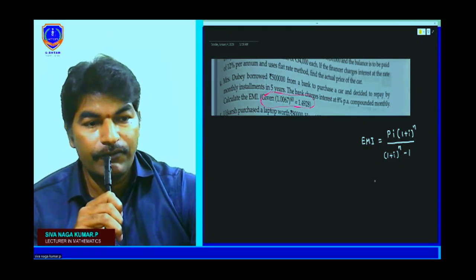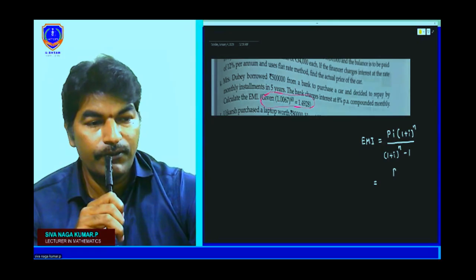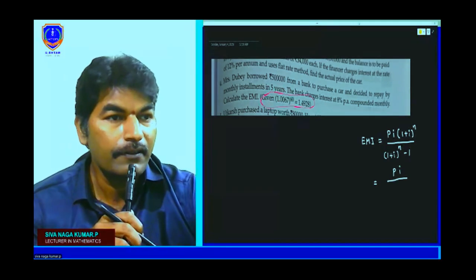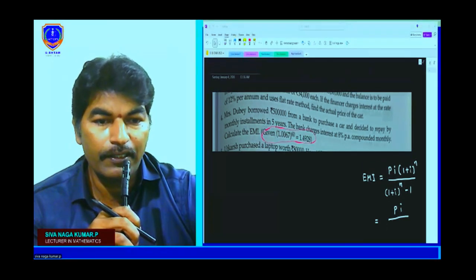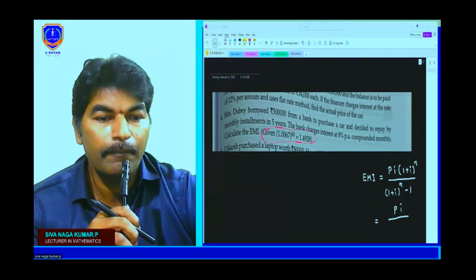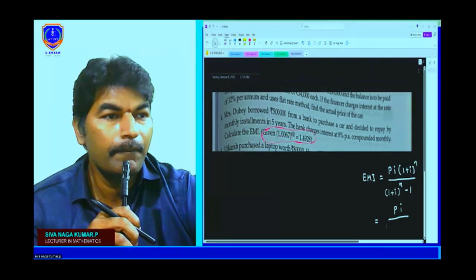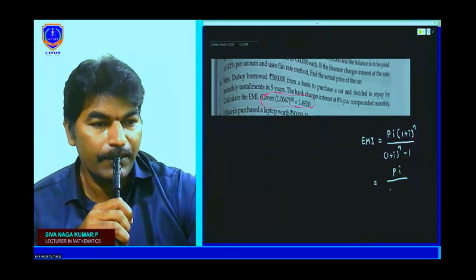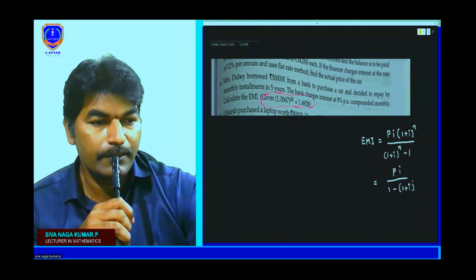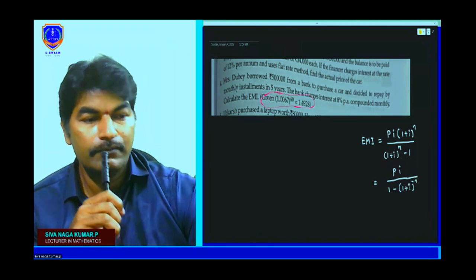So this is one of the formulas, and often we also use the other one: P I divided by 1 minus (1 plus I) whole power minus n.